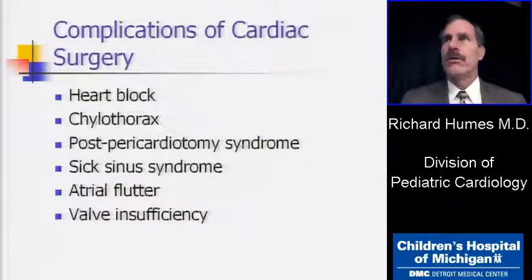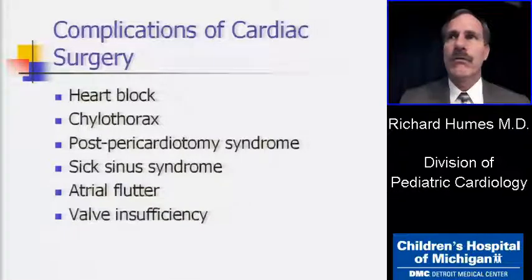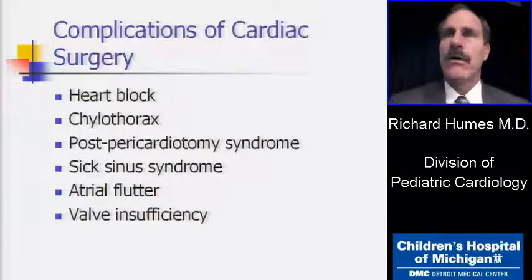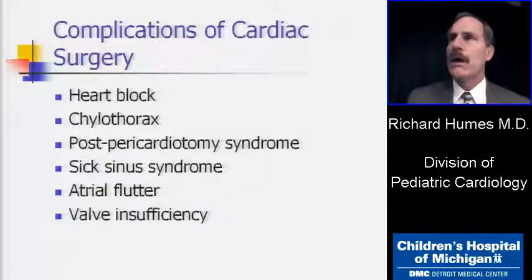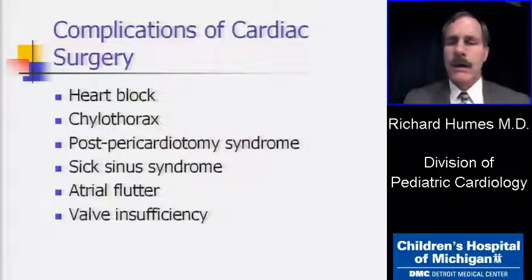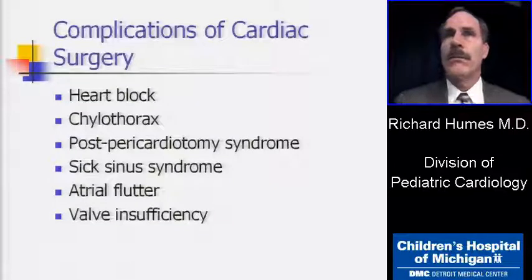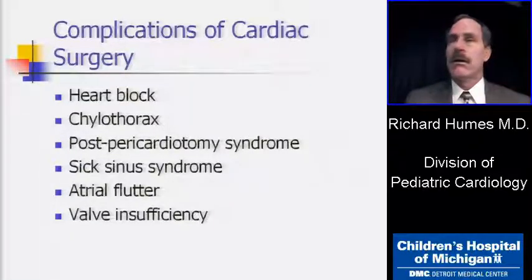Atrial flutter can produce tachycardia, and realize that atrial flutter can occur with some degree of block. That is, the atrium may be going very fast, but not all of the beats are getting through to the ventricle, so there's a block there. And one of the clues to atrial flutter may be a heart rate which is not varying.